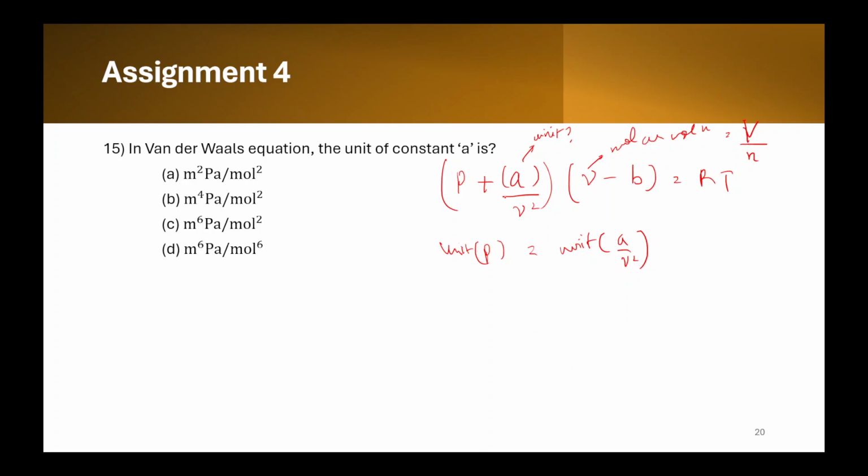Unit of P, or pressure, can be Pascal. So that would be equated to A by V square. And unit of V will be meter cube per mole, or meter cube per mole whole square.